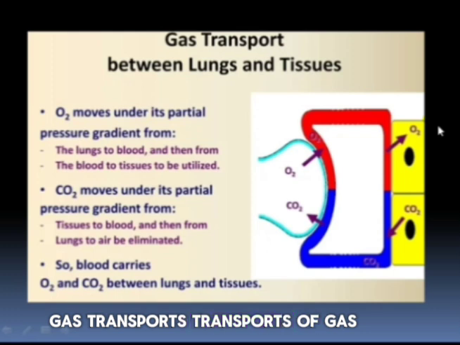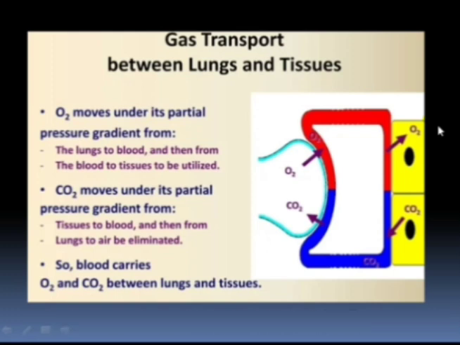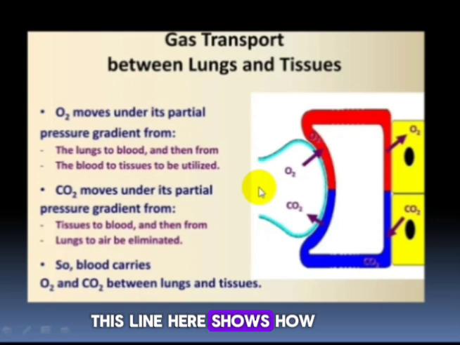Transport of gases. The slide here shows how oxygen is being transported from the atmosphere to the tissues and how carbon dioxide is transported from the tissues back into the atmosphere.